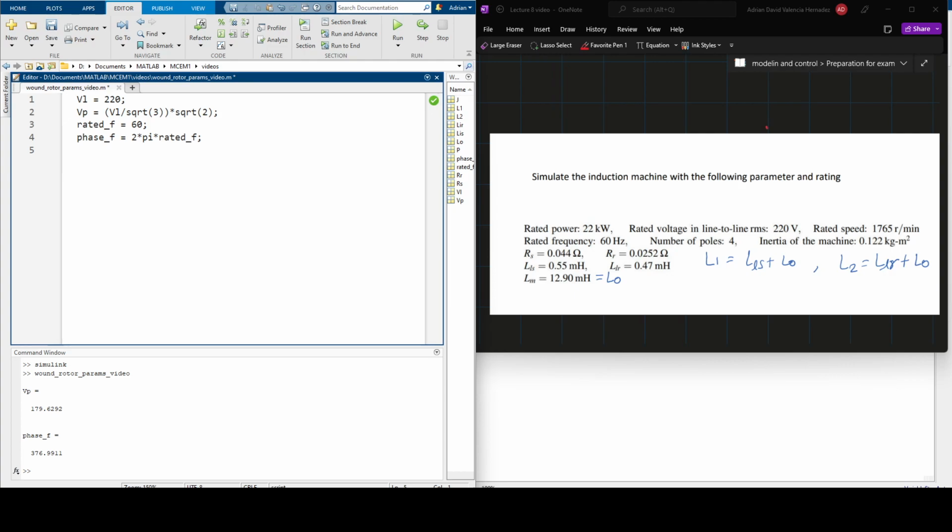Okay, so we have Rs. Rs is the resistance in the stator, so that will be our R1 in our equation, and it's gonna be 0.044. Rr is the resistance in the rotor, so it's gonna be our R2 in our equations.